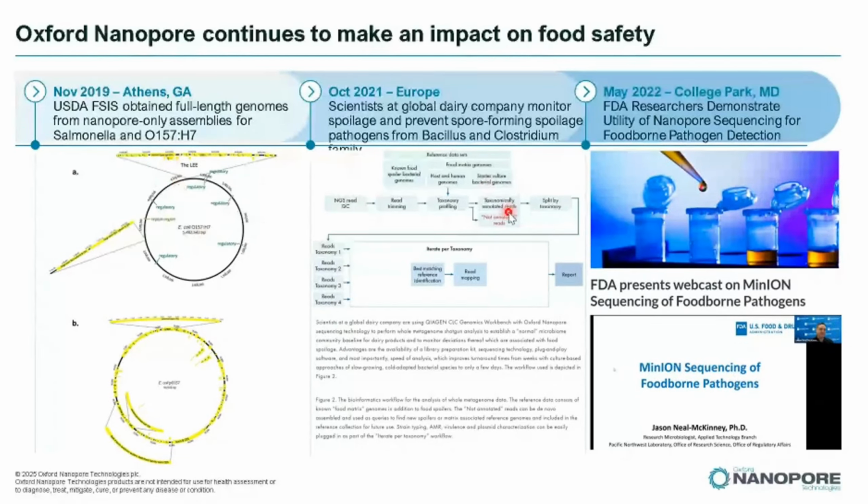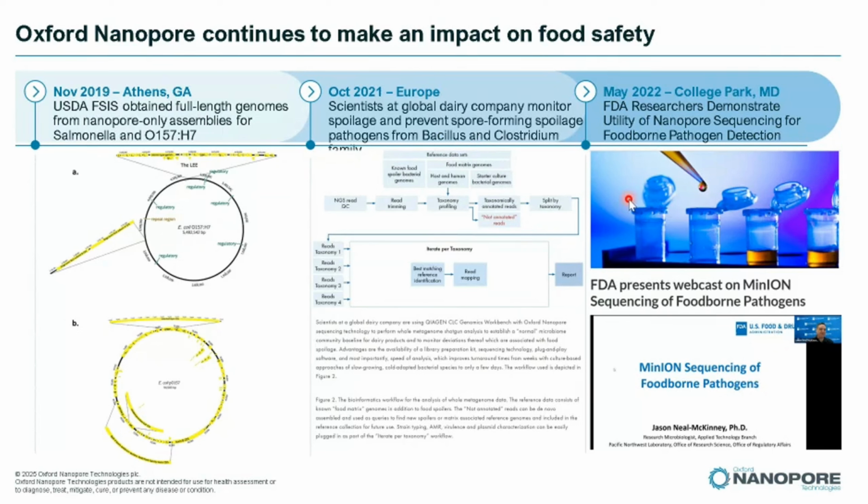In 2021, several global dairy companies were exploring and investigating the potential of using nanopore technology to monitor spoilage and prevent spore-forming spoilage pathogens in their food production, especially Bacillus and Clostridium.